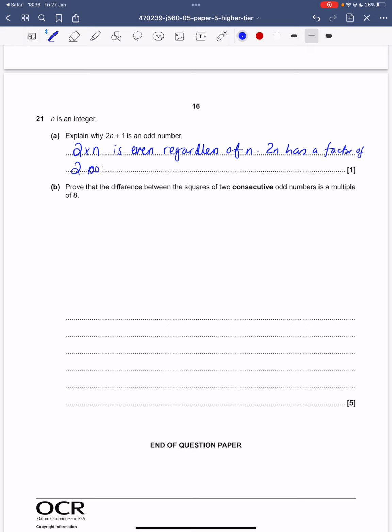So 2n is even. 2n plus 1 is even plus odd, which is always odd.